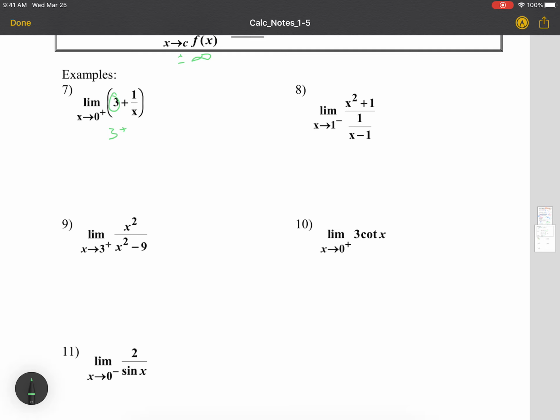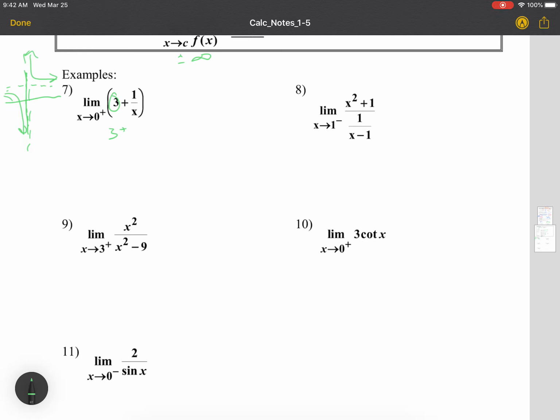The limit going from the positive side of 1 over x. All right, do we remember what that looks like? In this case, the graph's going to look something like this. That 3 all it does is move that horizontal asymptote up to the y equals 3 spot.